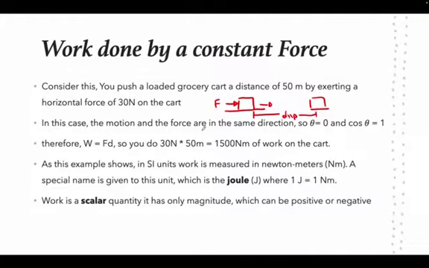Okay? So if the force and the displacement are parallel, then this would be positive work. If the force and the displacement are in the same direction, then we have positive work. If the force and the displacement are in anti-parallel directions, then we would have negative work.